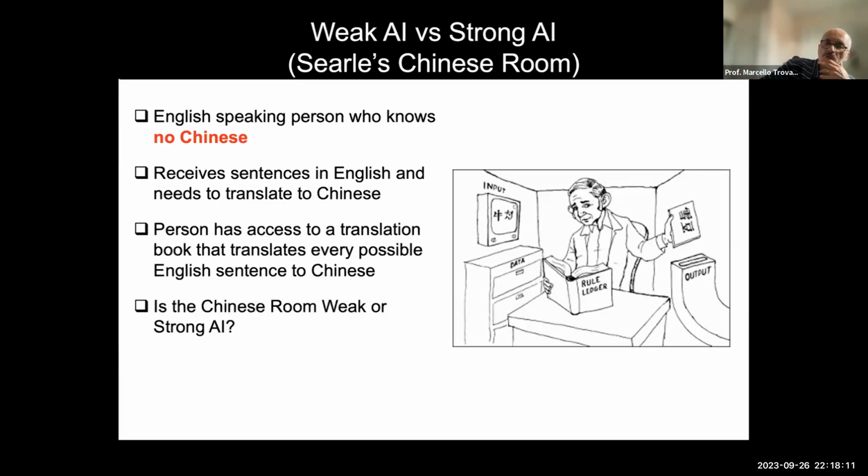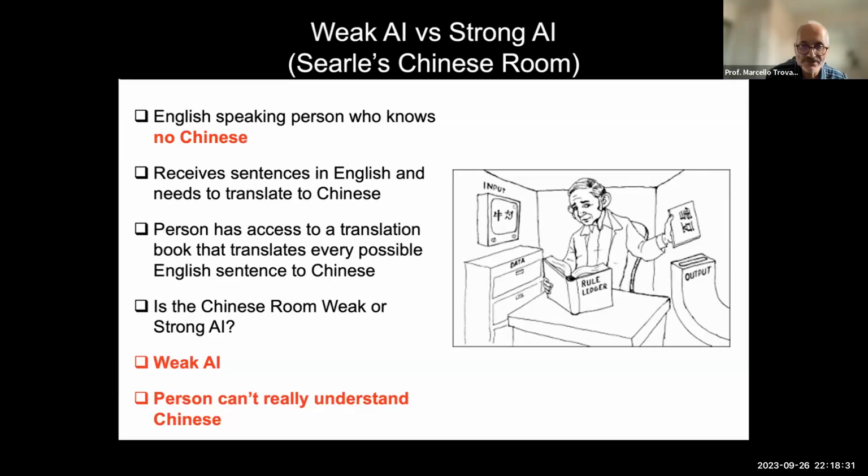So the question is, is this weak or strong AI? Of course, we are talking about a human, but if we had something similar in an automated way, would it be weak or strong AI? The answer is fairly straightforward. It's weak AI, because the person can't really understand Chinese. All it does is follow some rules.